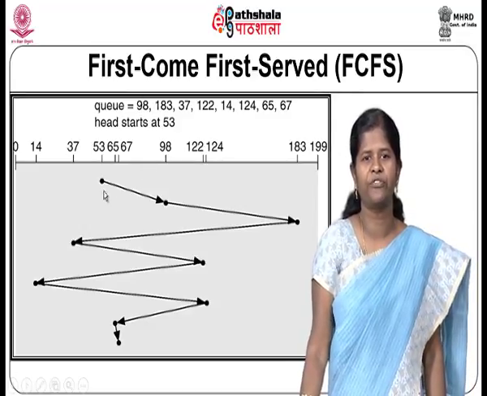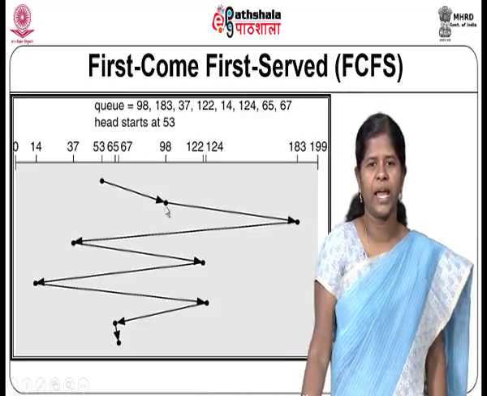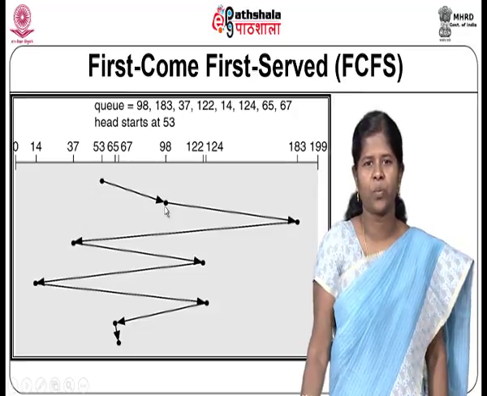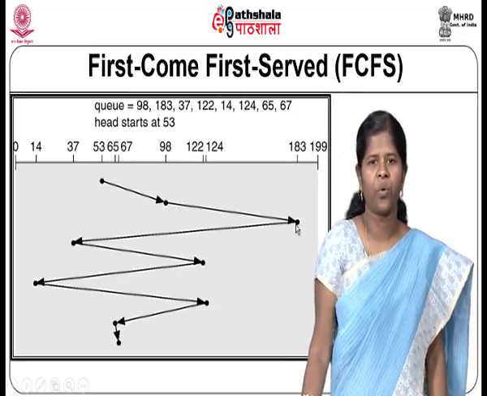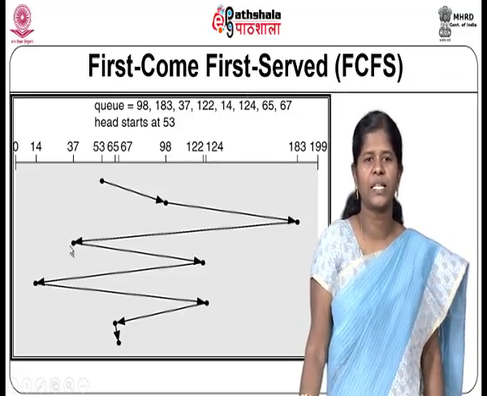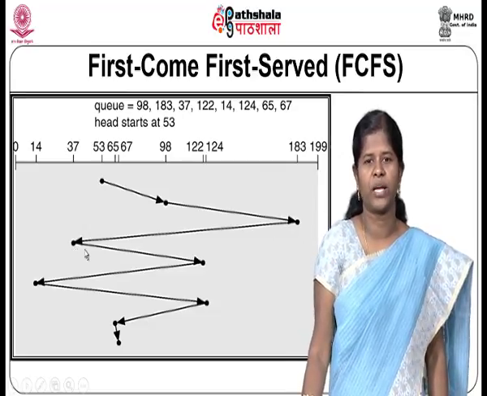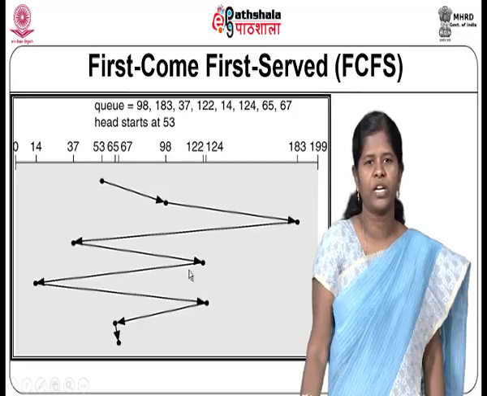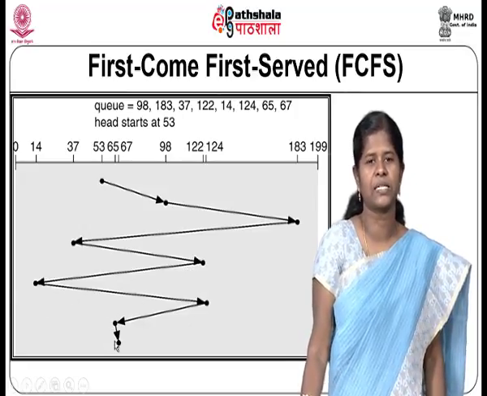So, the head is moved from 53 to 98 and then from 98 it is moved on to the next request, that is 183, and then from 183 the head is again moved back to 37 because 37 is the next request, and then from 37 it is moved to 122 and then from there to 14 and then to 124 and then 65 and then 67.